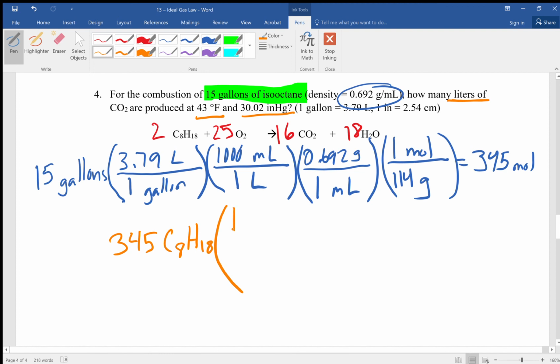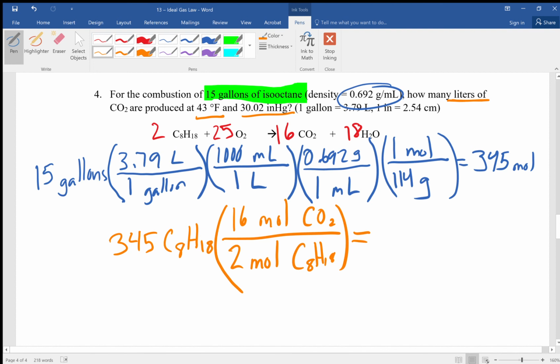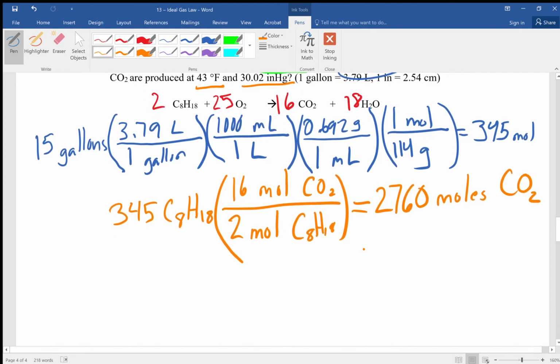That's why we had to balance the equation. And so we find burning our tank of gas is going to produce 2,760 moles of carbon dioxide. Is that a lot? Well, let's find out.